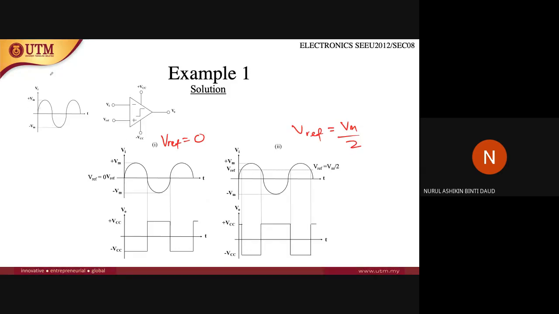So this is the input signal, right? Since this is the inverting configuration, where the input is at the minus, when the input is bigger than the reference, the output will be minus VCC.